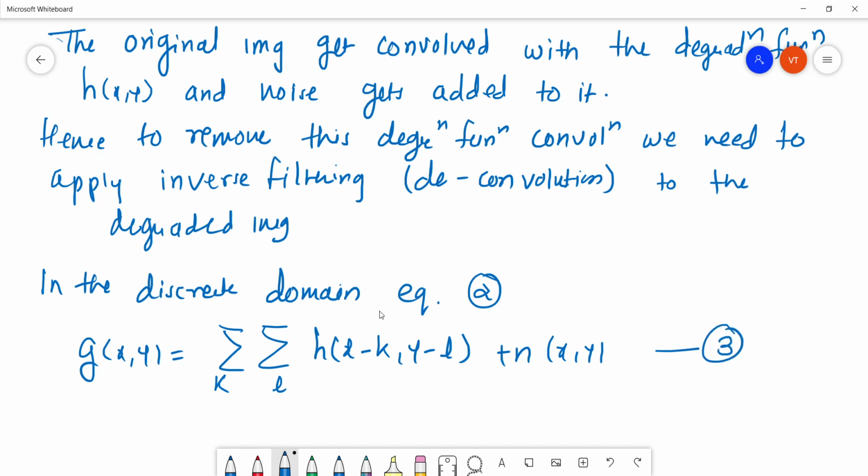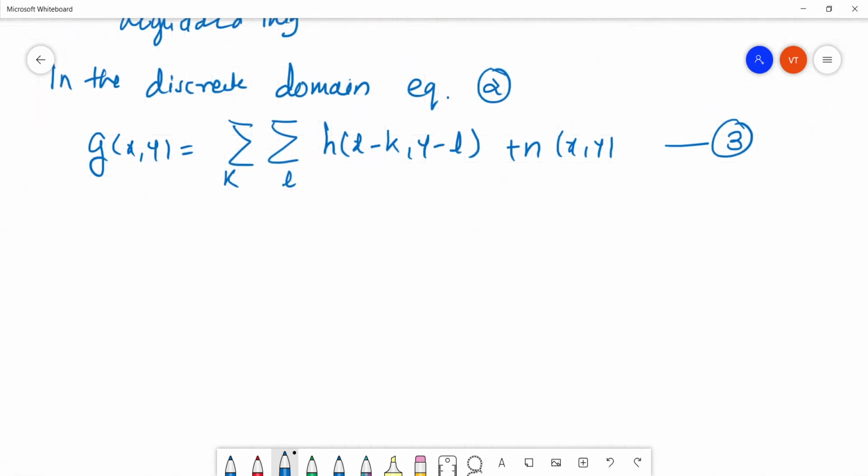Now we'll see what is inverse filtering, and after this we will see what is pseudo inverse filtering. So, a way to get rid of the blurring.